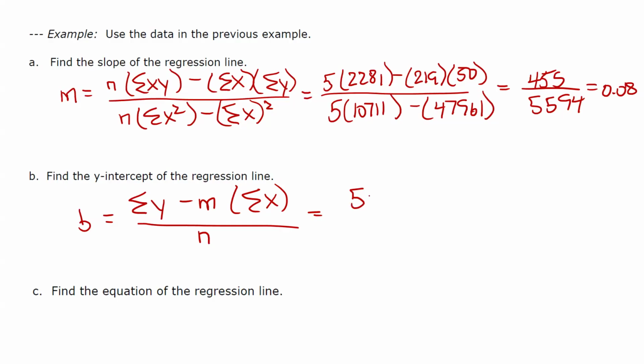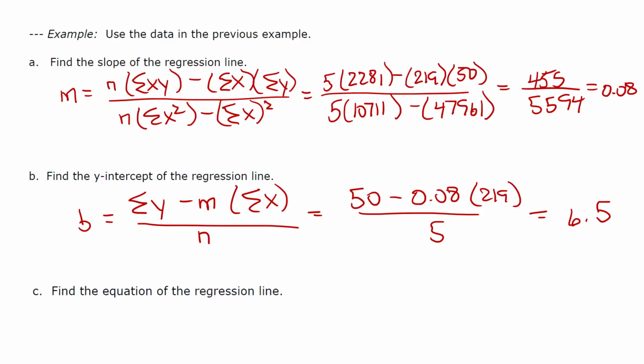So that will be 50 minus 0.08 times 219 divided by 5. Okay, and that will approximately be 6.5 when we enter that into our calculator.